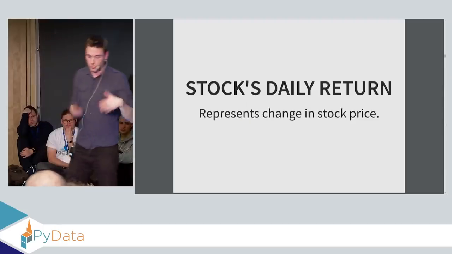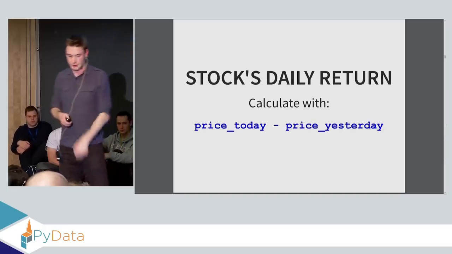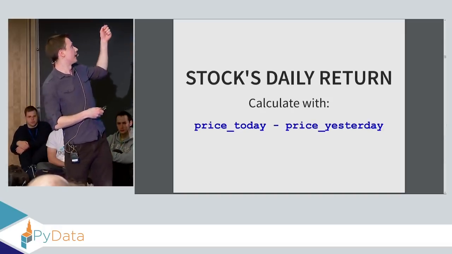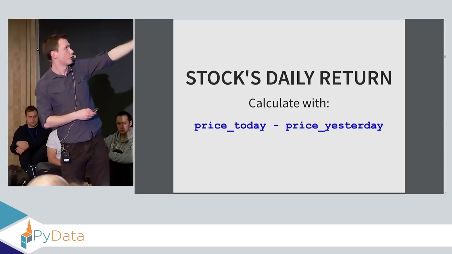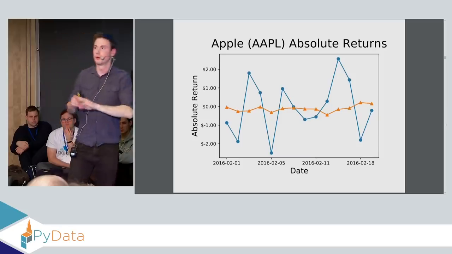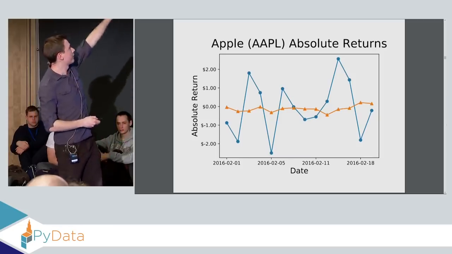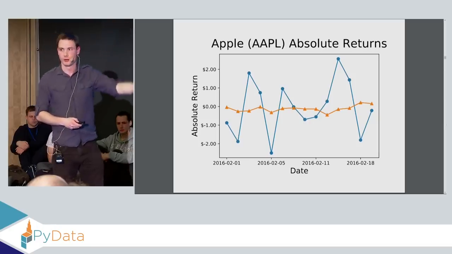So, if we consider the stock's returns, which is the change in price, not the absolute price, for example, we can calculate that by taking the price of a stock today, subtracting it from the price yesterday. And if we look at this graph, which is 2 weeks worth of pricing data or returns data for Apple, this graph represents the changes in the price of the Apple stock.